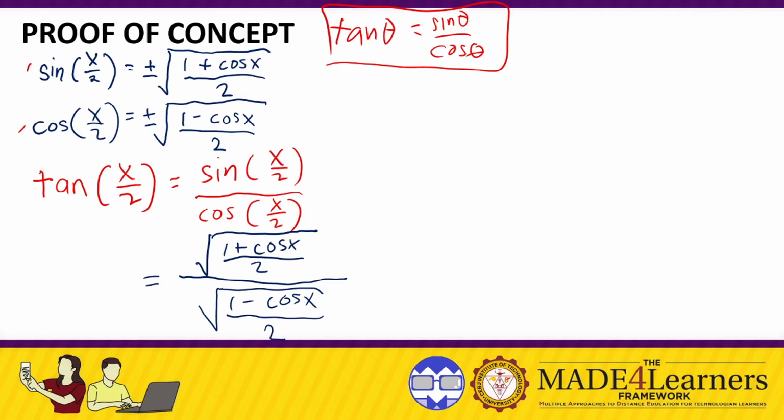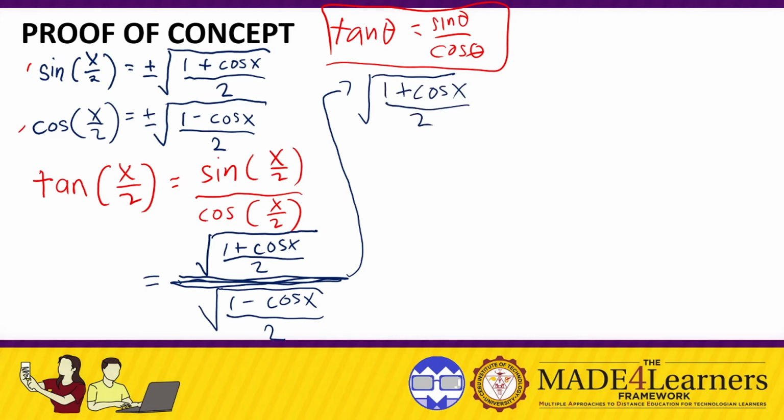Now take note that this bar here, the quotient, represents division. So we can write it as square root of 1 minus cos x over 2 divided by square root of 1 plus cos x over 2.